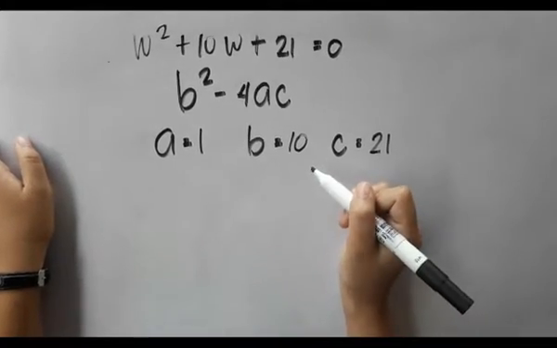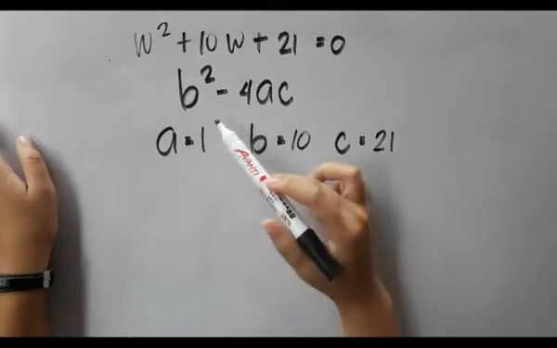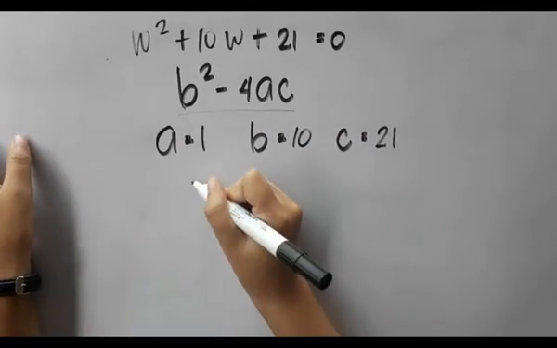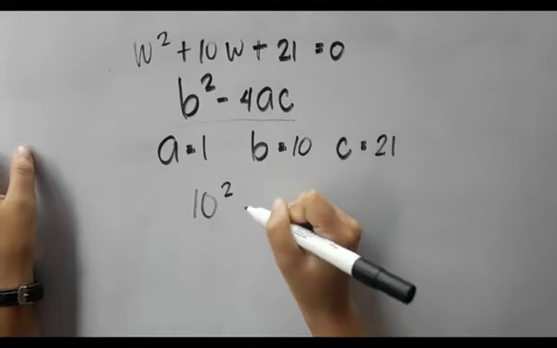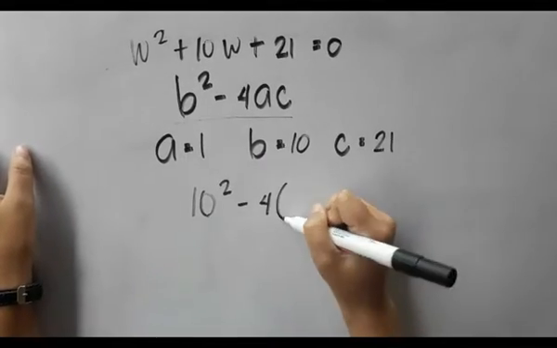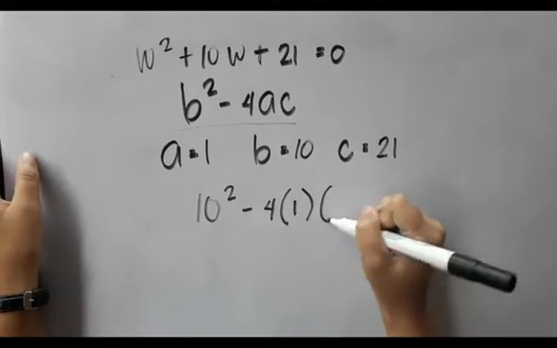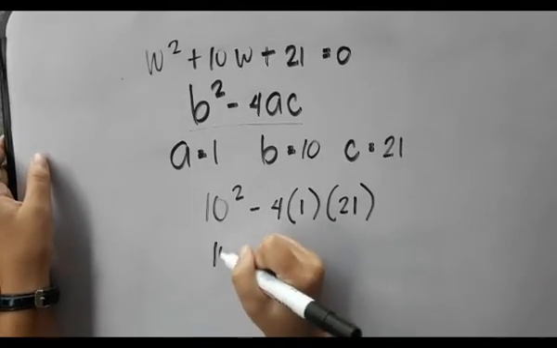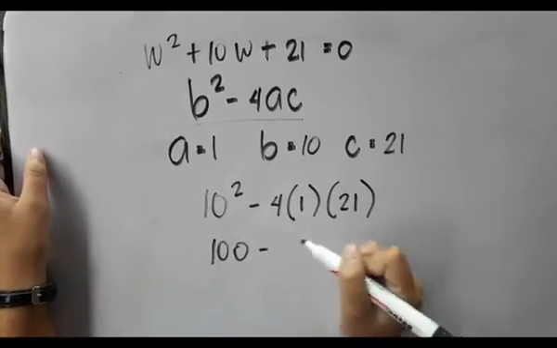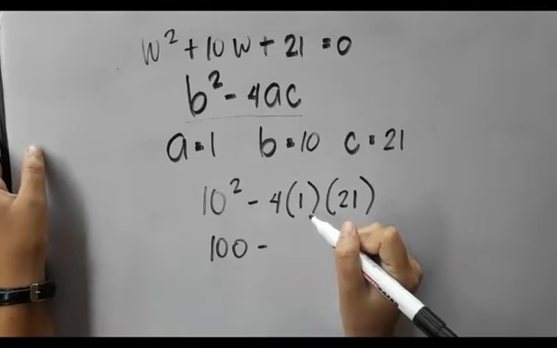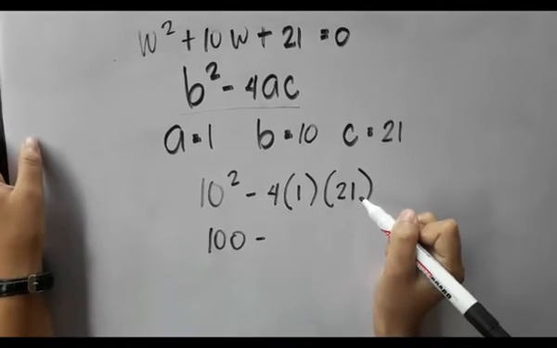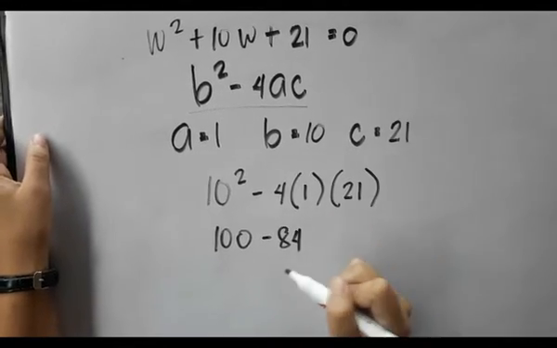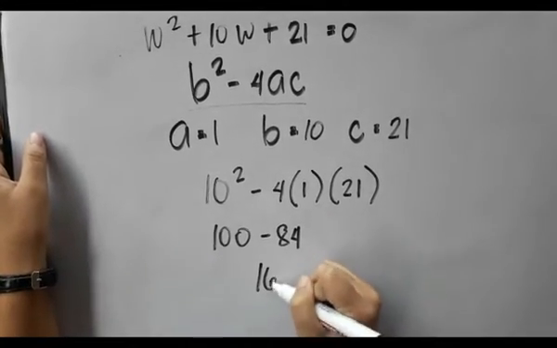Use these values to substitute in the formula b squared minus 4ac. So we have 10 squared minus 4, a which is 1, and c which is 21. So 10 squared is 100, minus 4 times 1 is 4, times 21 which is 84, so minus 84. 100 minus 84 is 16.